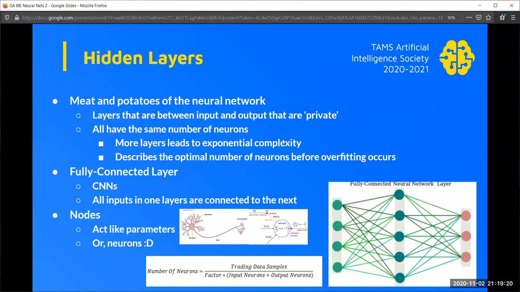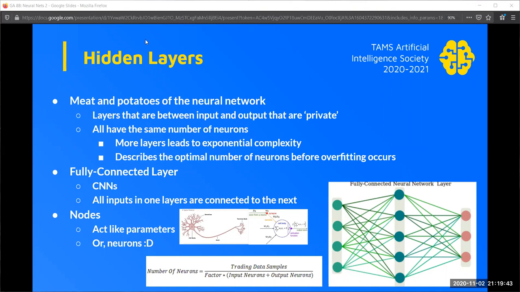All right, so hidden layers. We just kind of talked about these. These are the meat and potatoes of your neural network. This is the important stuff. This is the brain. Right in the lower middle part of the page, you can see I posted the neuron.